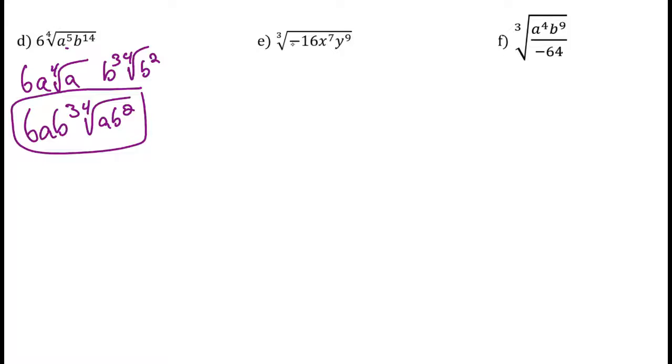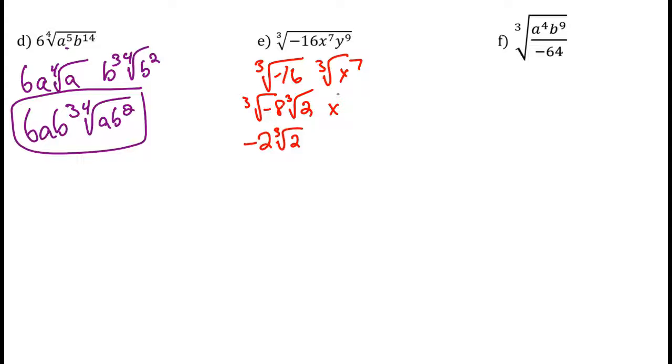E, the cube root of negative 16 x to the 7th y to the 9th. So the cube root of negative 16, let's tackle that first. That's the cube root of negative 8 times the cube root of 2. The cube root of negative 8 is negative 2, times the cube root of 2. The cube root of x to the 7th gives me x squared, the cube root of x, because 3 goes into 7 two times, and I'm left with 1.